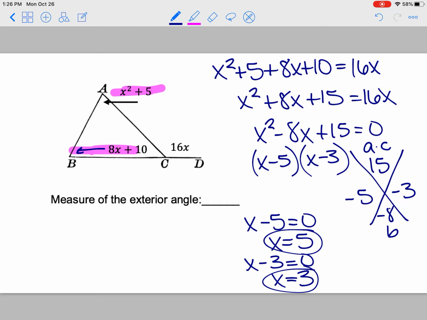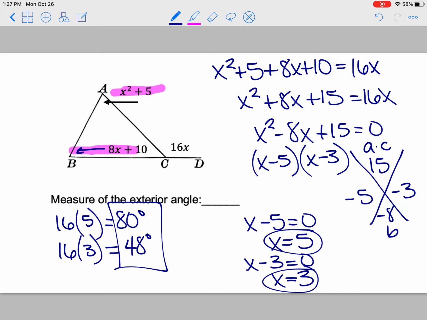So because both of these are positive, I could actually have two different solutions here. So I could say 16 times 5, which is 80, or 16 times 3, which is 48. Okay, those are your two possible solutions here.